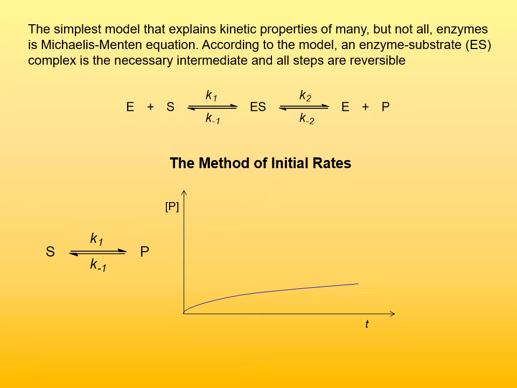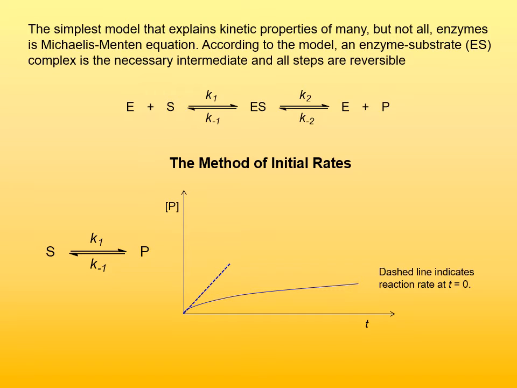To determine the rate of the forward reaction only, we have to consider the rate at the time when no product is present. Because then, if there is no product, the reverse reaction is not possible. And that's at time 0. To determine the rate at time 0, we simply draw a tangent at time 0, and that straight line indicates the reaction rate at time 0.